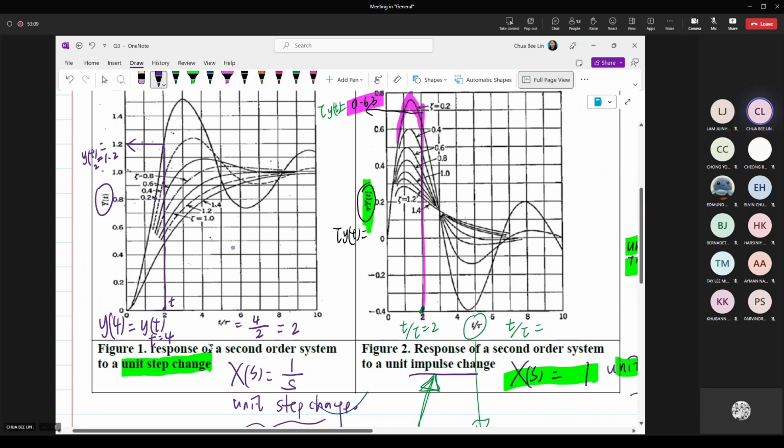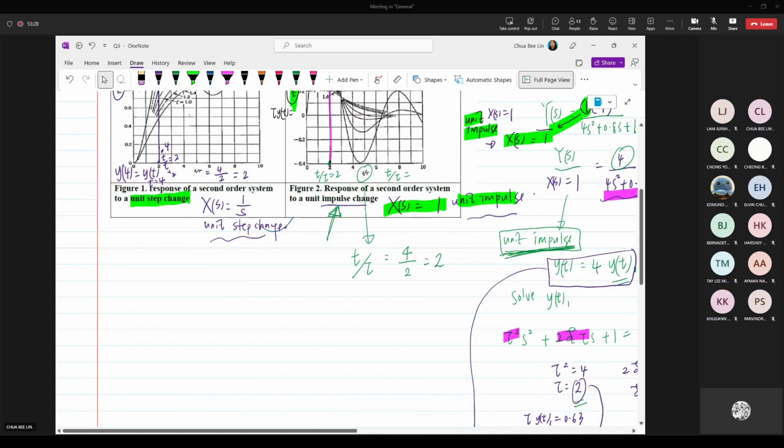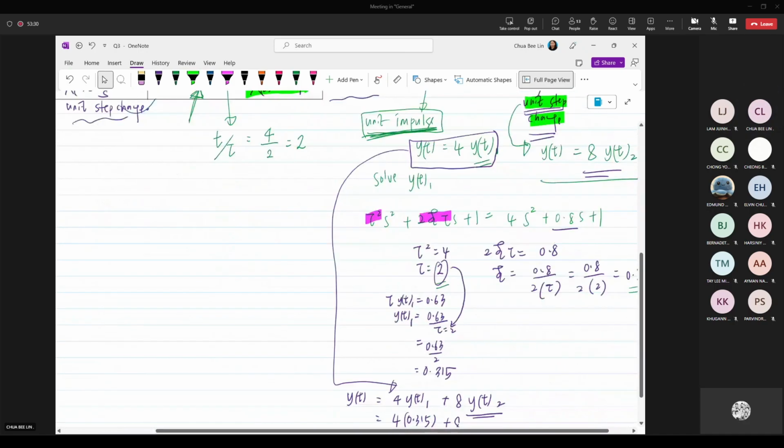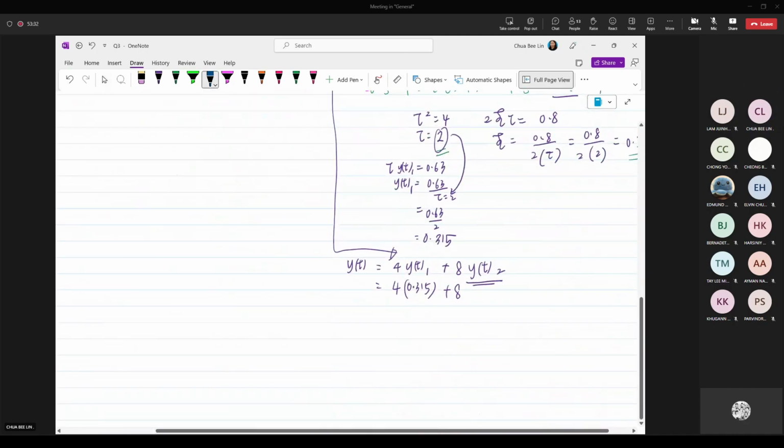Your T over tau equals 2, because your T is 4, tau is 2. And your damping factor is 0.2. That's why you are using this curve. So you solve YT2 equals 1.2. Then you put the value here, 1.2. Then you will get the total value 10.86. Done.